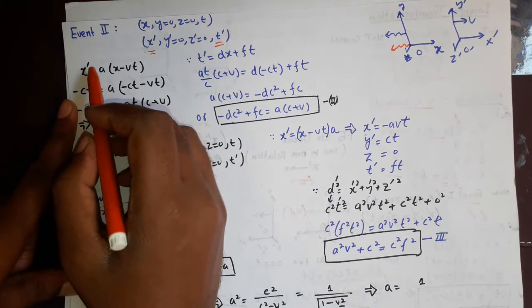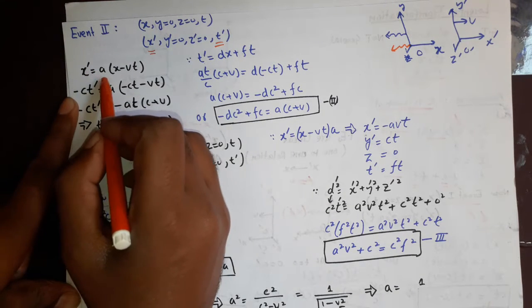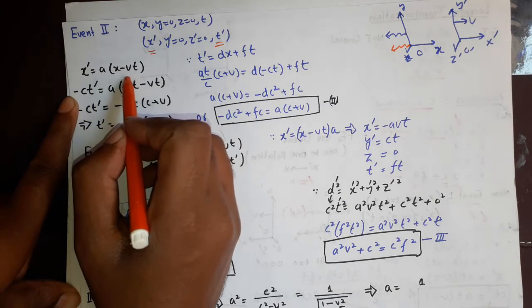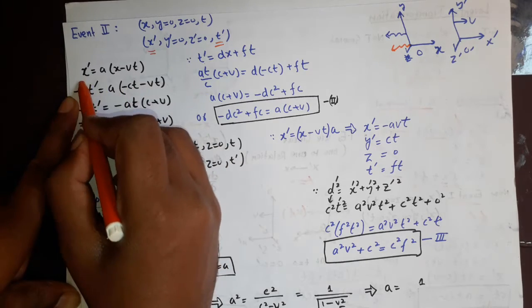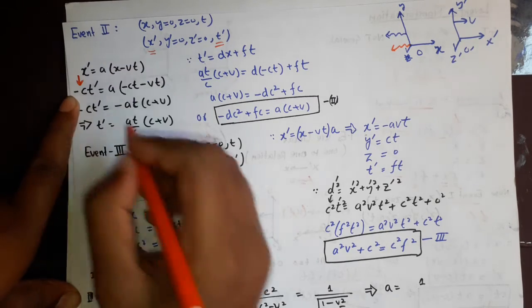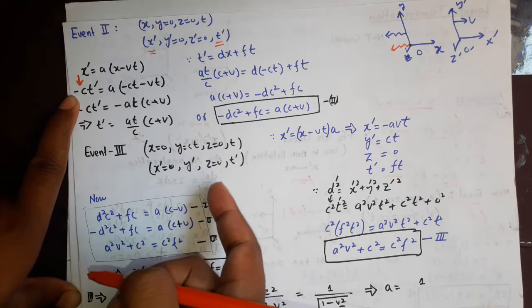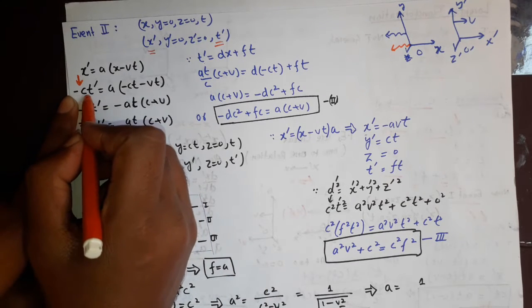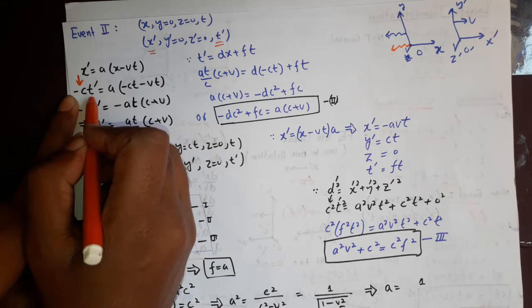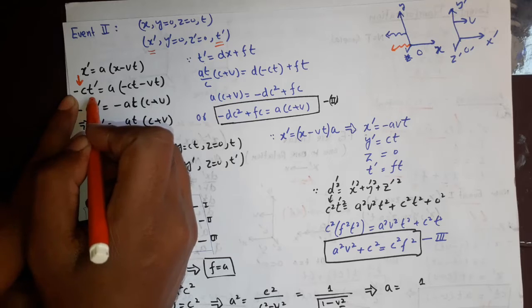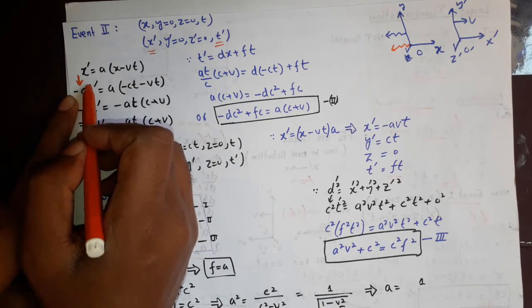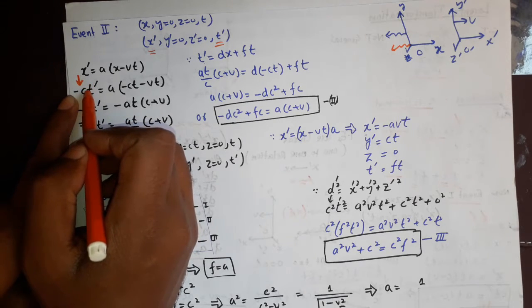Again our transformation equation is x prime is equal to a times x minus vt. So I can put the value of x prime here. Of course the light is traveling in the negative x direction, so it will travel with speed minus c, and x prime will be minus c t prime. This is from the second postulate, the speed of light is constant in all inertial frames.